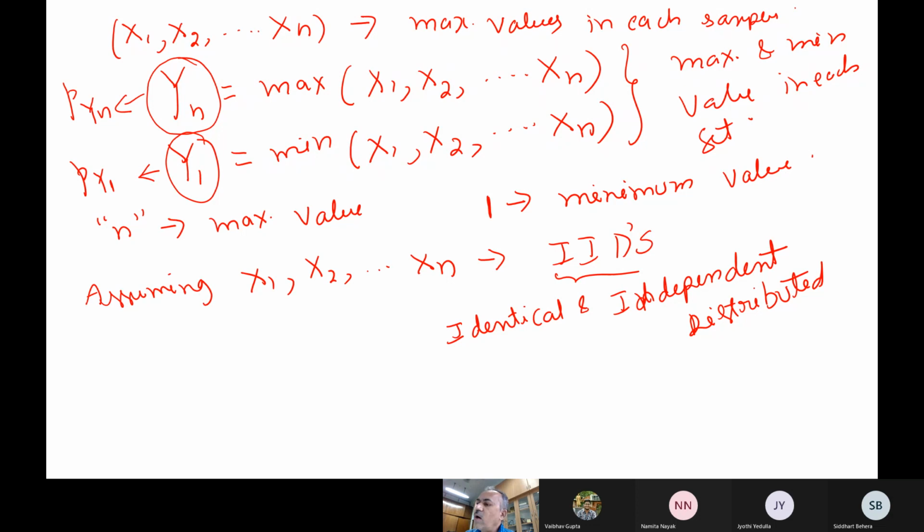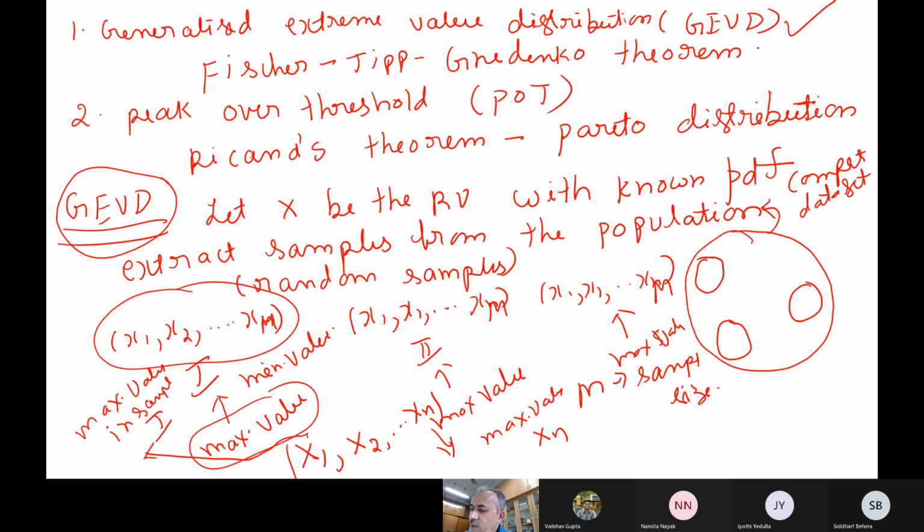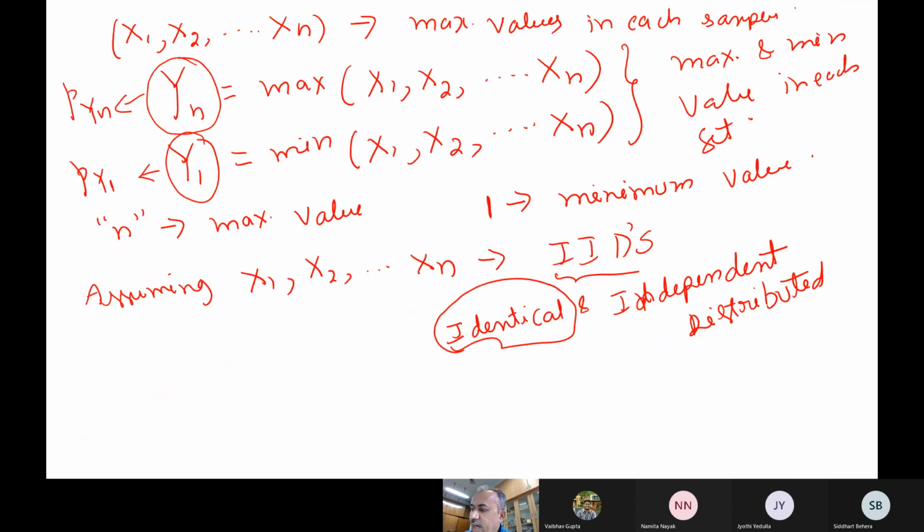So if you assume that all these values are independent, and of course they are all identical. Why are they identical? All these random variables x1, x2, x3 are coming from the same set. You may have taken samples here and there, but all of them belong to the original set itself, so they are identical.